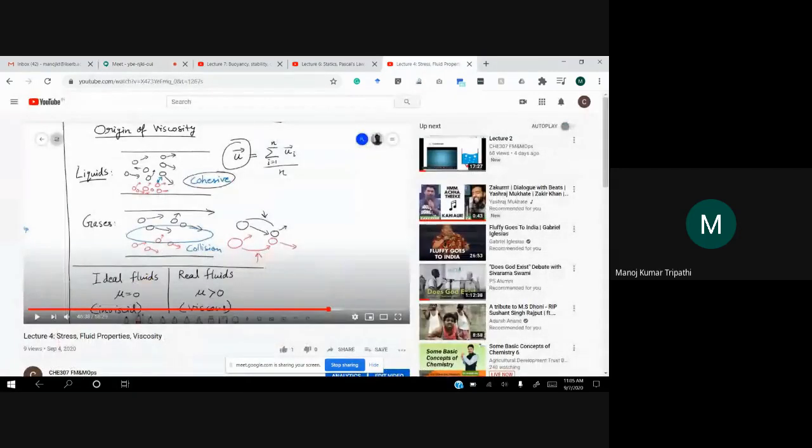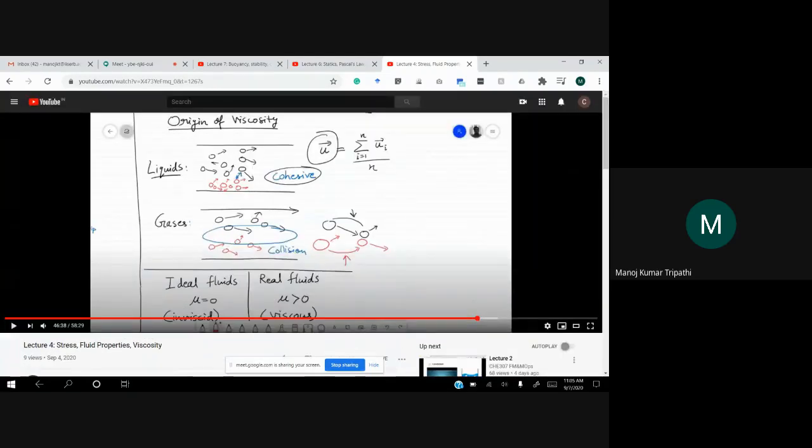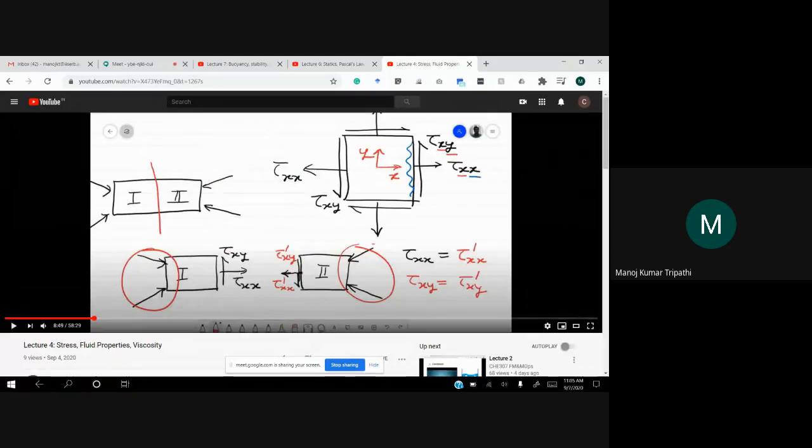So in lecture 4, we discussed fluid properties. We started with stress and the conventions that we use for stress.